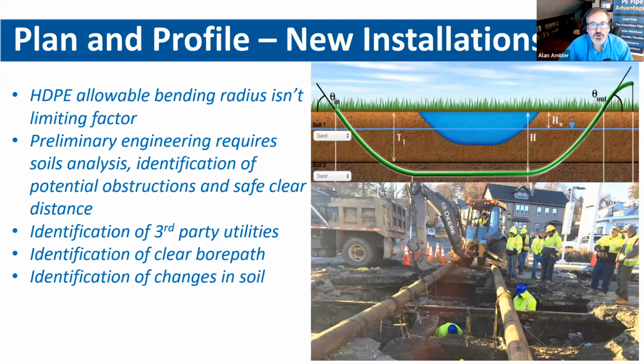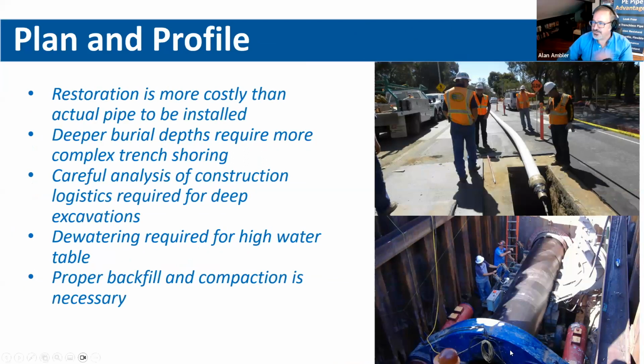We definitely want to know a lot more about the soils with regard to a horizontal directional drill. Being able to work around third-party utilities, as you can see in the bottom right, is a pretty big issue in very dense areas, in which case we spend a whole lot of time protecting those.